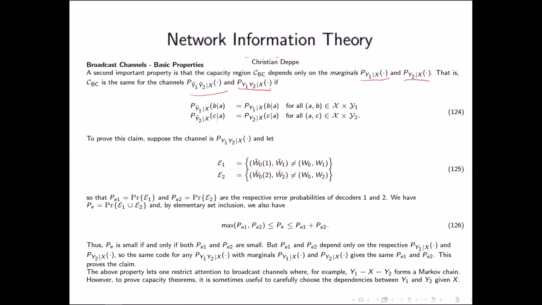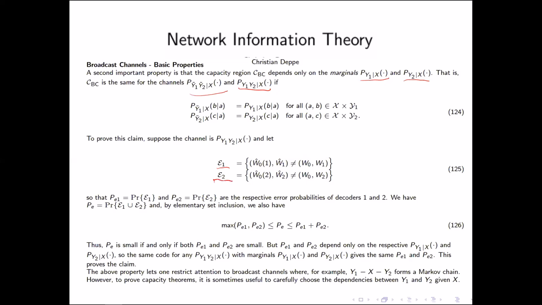At first moment it's perhaps surprising, but let's look at the proof. So we look at the error event E1. The error event E1 is just an error of decoder 1. That means the estimate of the common message and the estimate of the dedicated message is not equal to the common message and the dedicated message for him.